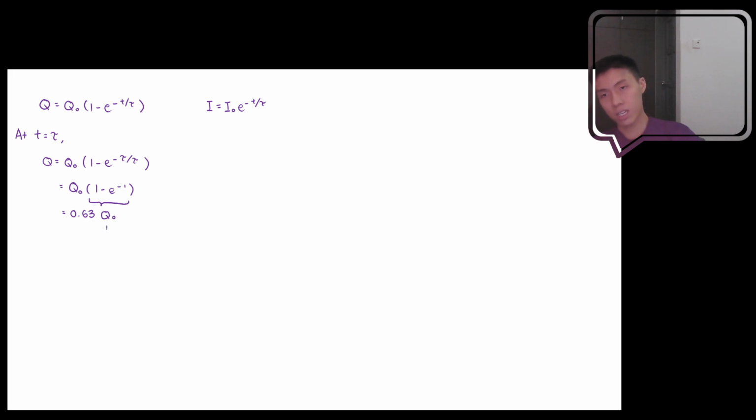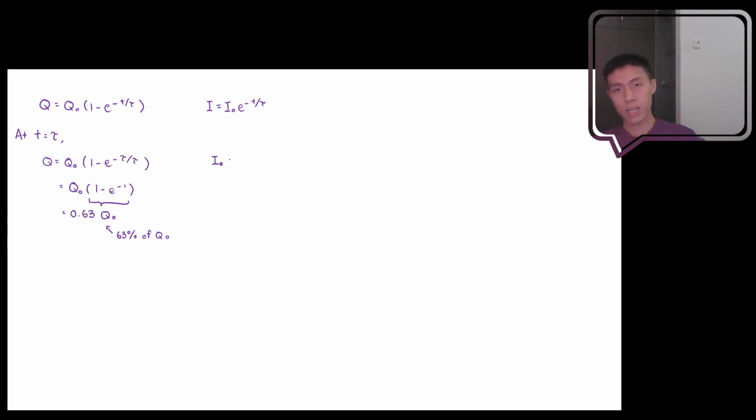So this means 63 point something percent of Q naught. You can see that at time equals tau, your charge has already charged up to 63% of the maximum value.